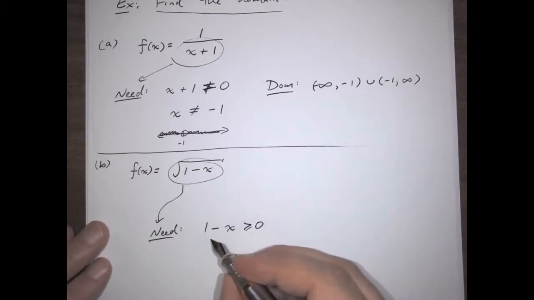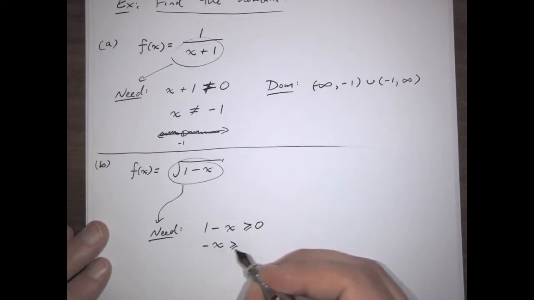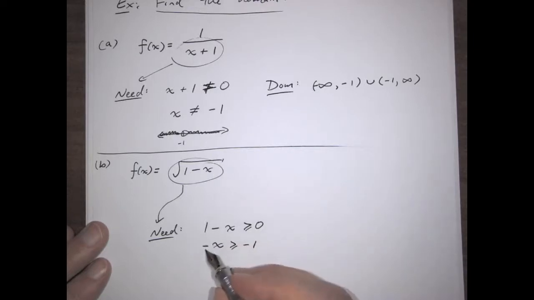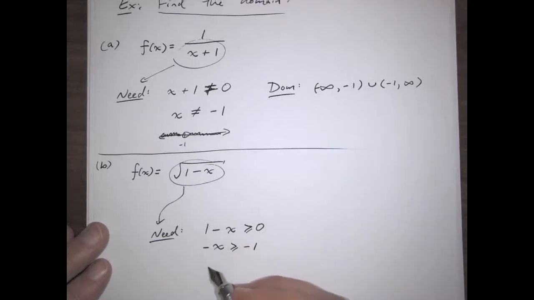Well, then what that means is if we subtract 1 from both sides, we have negative x greater than or equal to negative 1. And then if we multiply both sides by negative 1, we'll have x and positive 1.